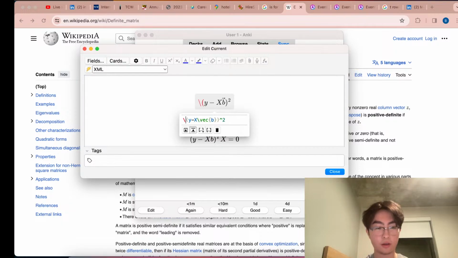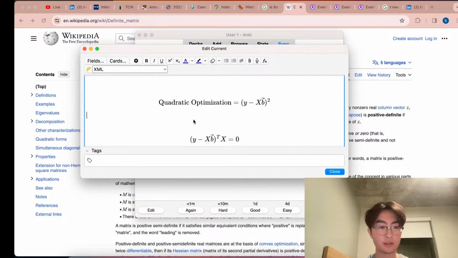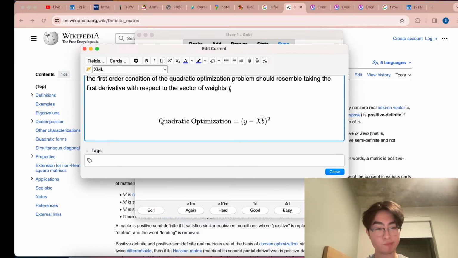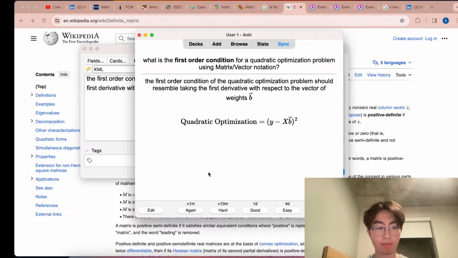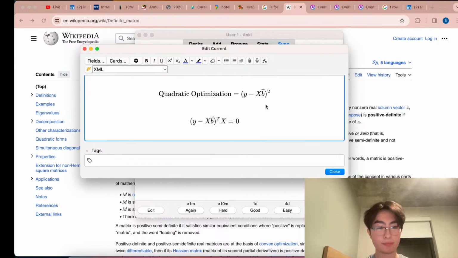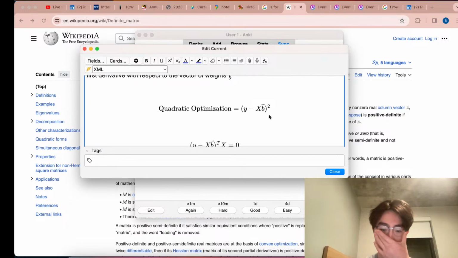So this is our quadratic optimization, equal to y minus xb.